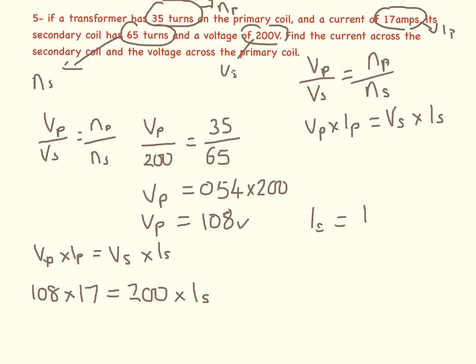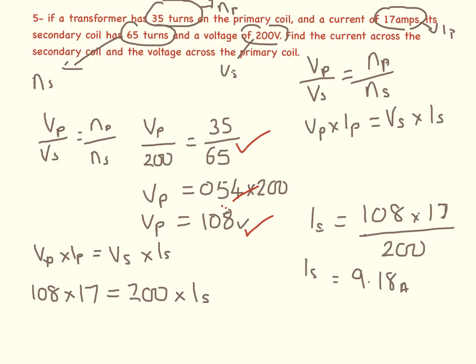So Is equals 108 times 17 divided by 200. Just plug those numbers in: 108 times 17 divided by 200 equals 9.18 amps. So really quite a lot going on there. 1 mark for popping the numbers in the right place, 1 mark for the answer, 1 mark for the unit. Again, 1 mark for your working, 1 mark for your answer, and 1 mark for your unit.